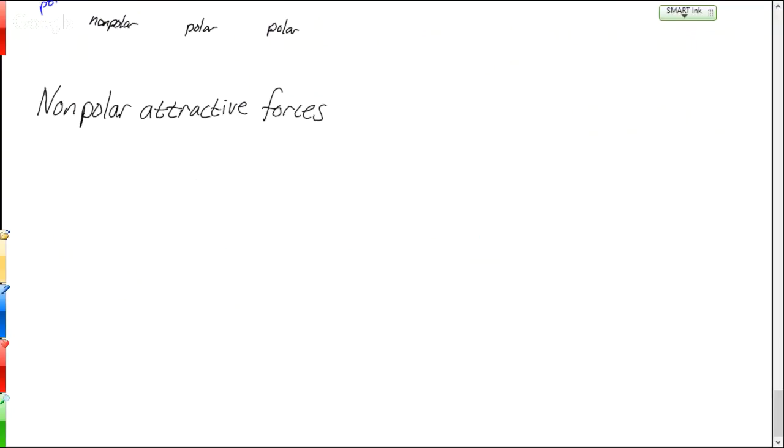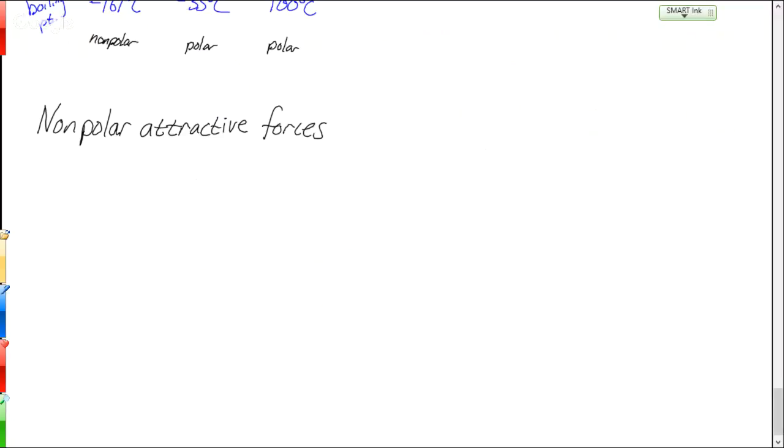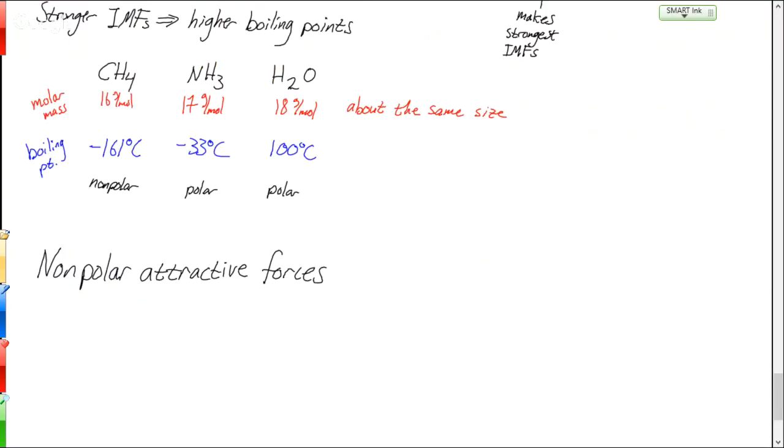But we know that it does actually happen because, like we just said, methane's got a really, really low boiling point, but we can access that. That's not some crazy unimaginable number. It's low, but you can actually condense methane and have liquid methane.